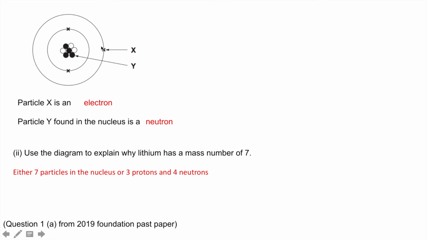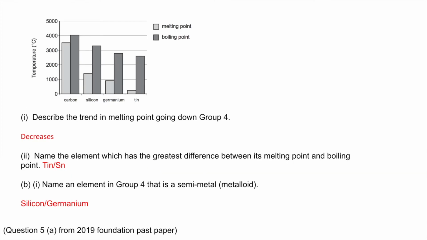So obviously the atom has no overall charge, it's not ionized, and so if there are 3 electrons in the shells, then there must be 3 protons in the nucleus to balance the charge.